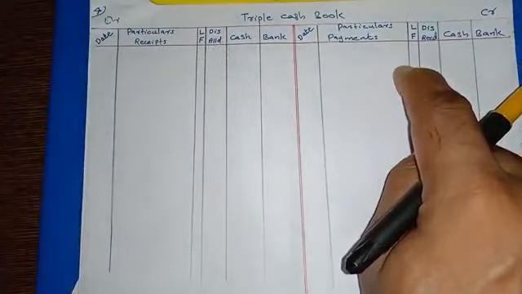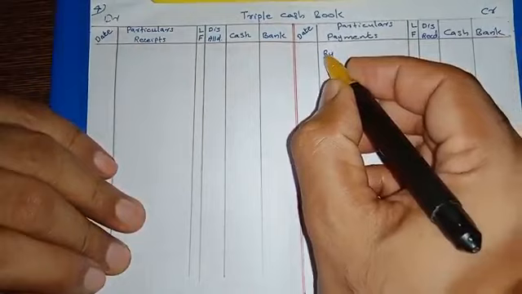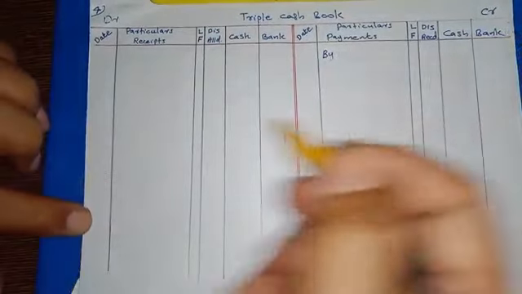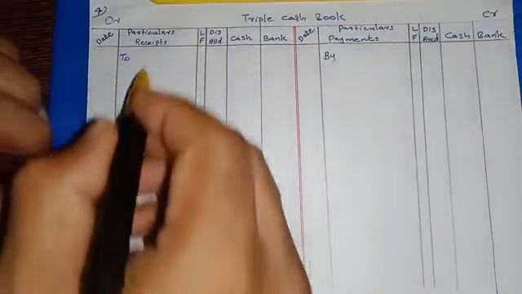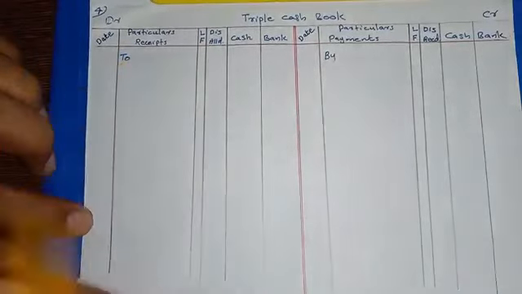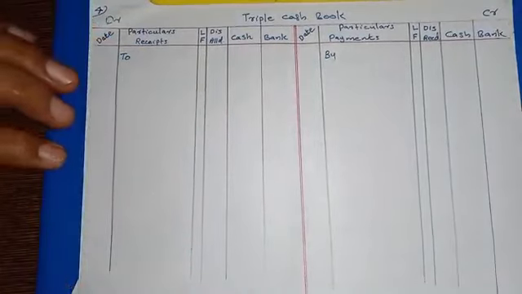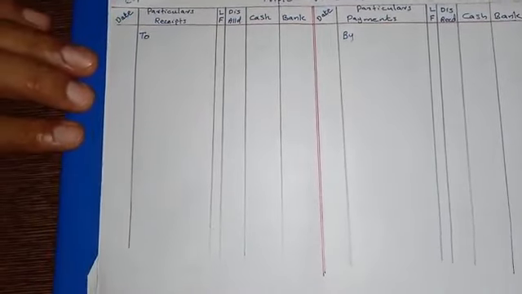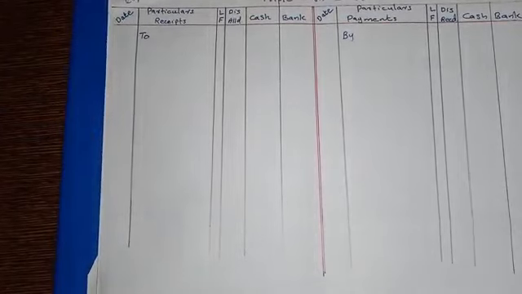And before writing anything, we will use one prefix, that is "By". And "By" stands for debit actually. And here before writing anything, we use a prefix, that is "To". This "To" is credit. Instead of writing credit, we mention "To". Okay. Then in the date column we mention the date which is given in the question.